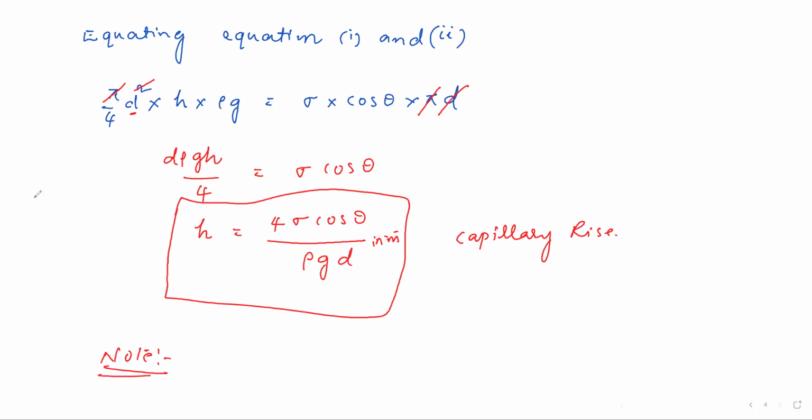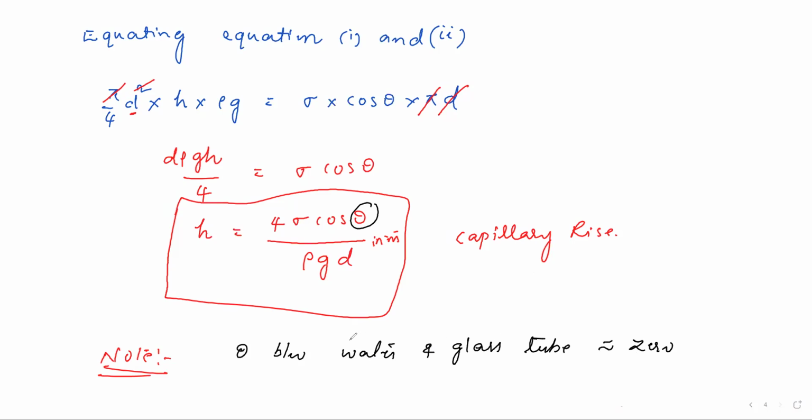And a very important note point here: this angle theta, generally, is between water and glass tube, and is approximately equal to 0.